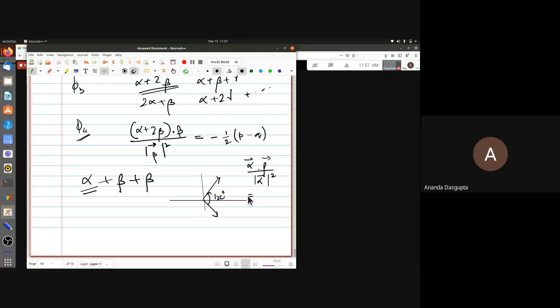How much is this? Two vectors of length 1, angle 120. Come on. You know this, right? What is the dot product of two unit vectors making an angle of 120 with each other?